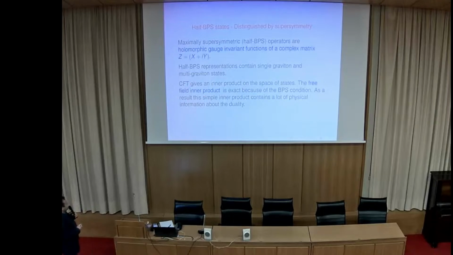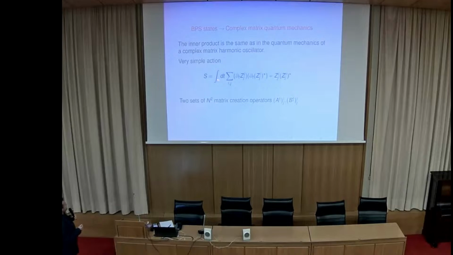These are the kinds of things that are very interesting in AdS/CFT. And CFT gives us an inner product on this space of states. And the free field inner product is very important in the half BPS sector because it's not renormalized and it contains a lot of physics of the strong coupling limit. Now, this free field inner product can also be captured purely in quantum mechanics. So you can just have a quantum mechanical model with quadratic potential, and the same inner product arises from this very simple setup.